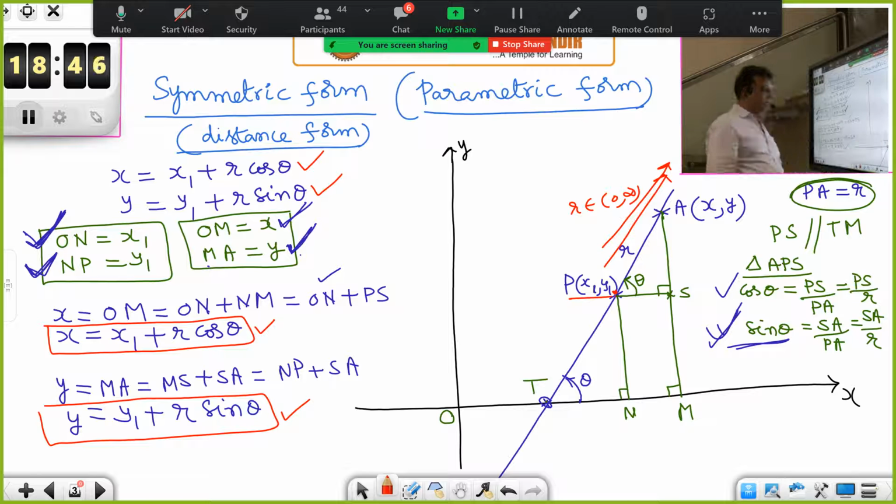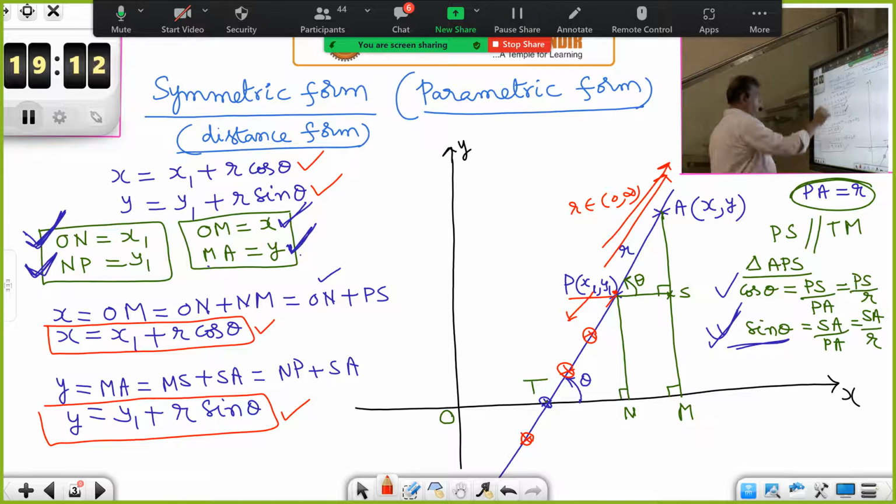And negative values, R is equal to minus 1, we will go this way on the line. R is equal to minus 1, you will get some point here. R is equal to minus 2, you will get some point here. R is equal to minus 3, you will get some point here. So negative values of R will get the points on the other side of the line.